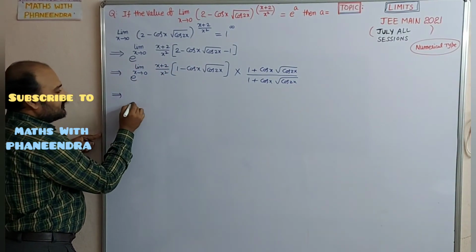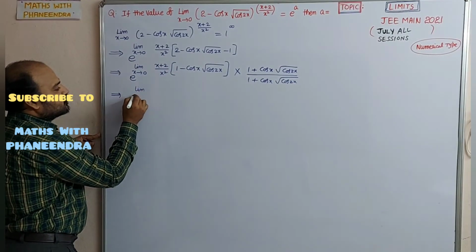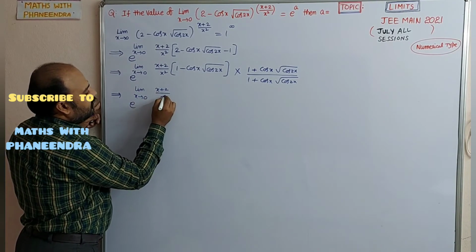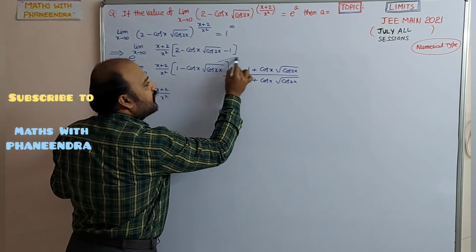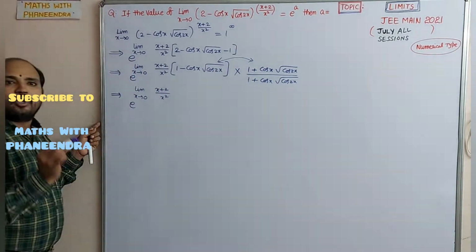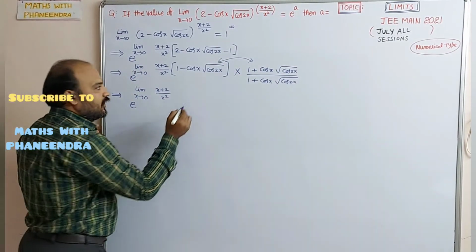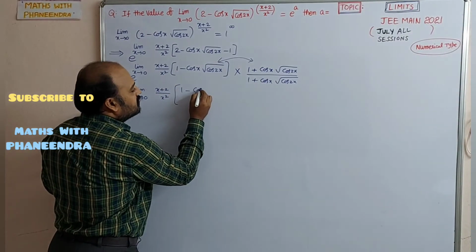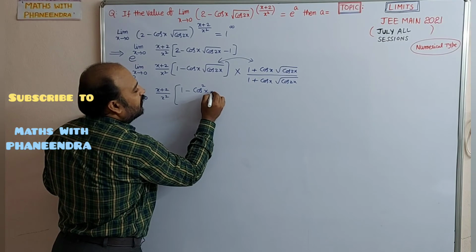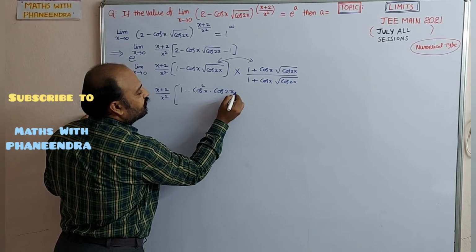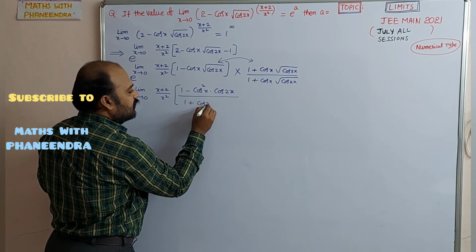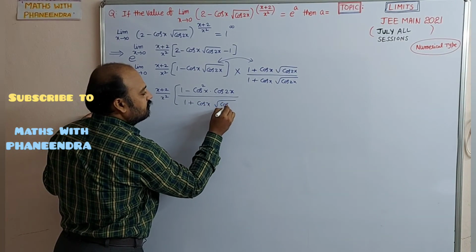That implies e power limit x tends to 0, x plus 2 divided by x square. The numerator is in the form of a minus b into a plus b, a square minus b square. So 1 square minus cos square x into cos 2x divided by 1 plus cos x into root cos 2x.